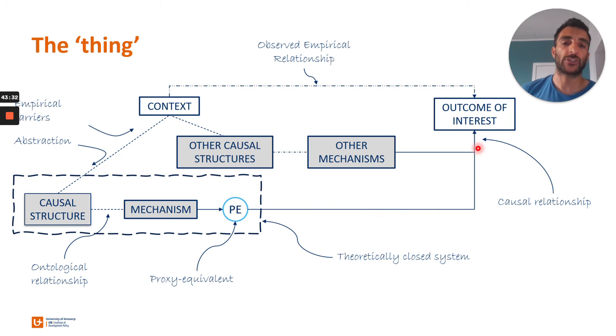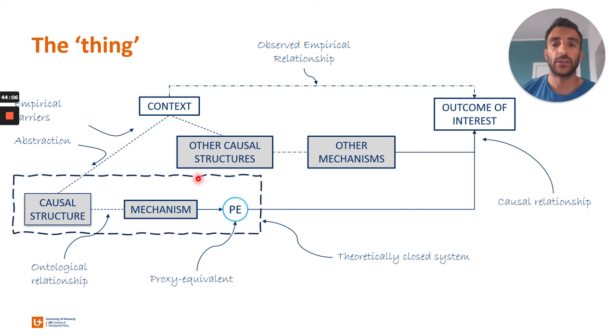And so this is the causal relationship. If we talk in terms of context, mechanism, outcome configuration, what we see is that in practice this is the outcome, of course, this is the mechanism, and the empirical carriers of these other causal structures are often used as context. Sometimes we also use other mechanisms as context, but that is very rarely done.